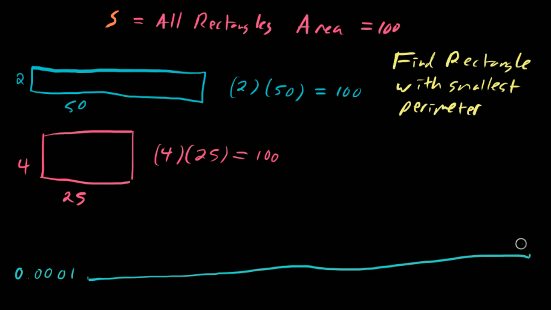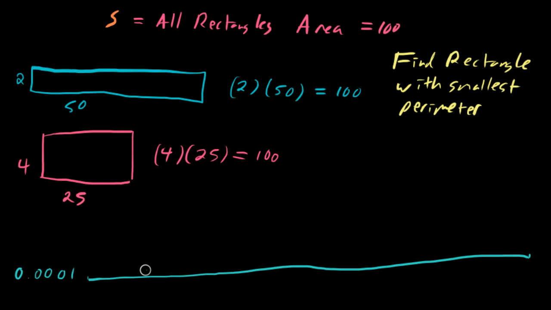It would definitely keep on going if we were drawing this to scale, if our height was so small. And you can imagine that our width would be the reciprocal of this. If you multiplied this by 10,000, you would get 1. So you would have to multiply this by 10,000 times 100 to get 100.